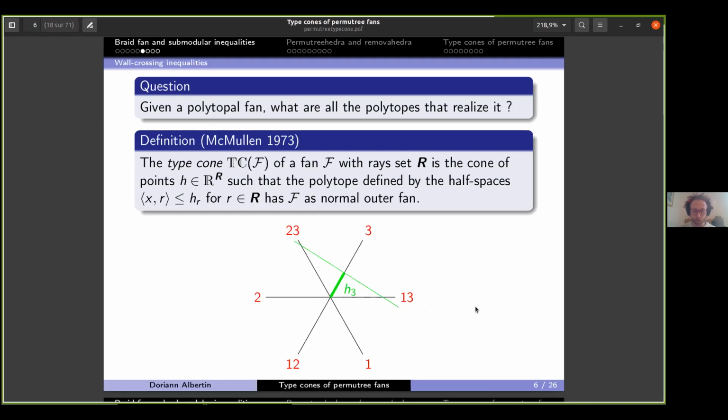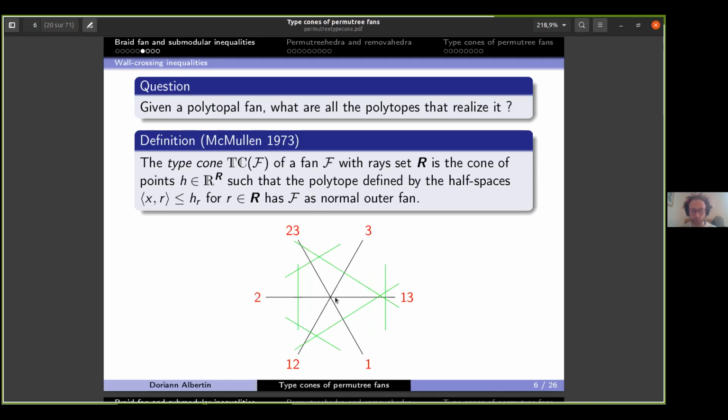And you do this for all rays. You get 6 half spaces, and you look at this intersection. And if in this case, the intersection's normal outer fan, sorry, is this fan, so this choice of H vector is in the type cone.